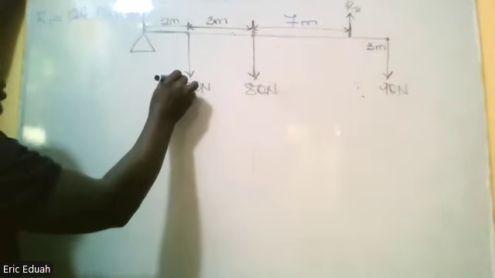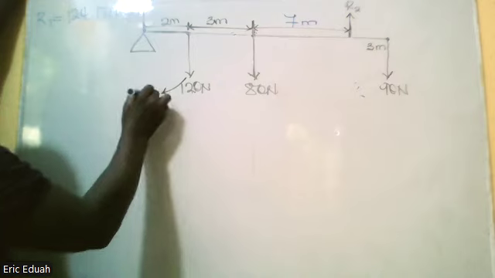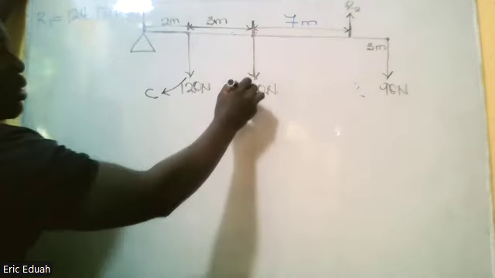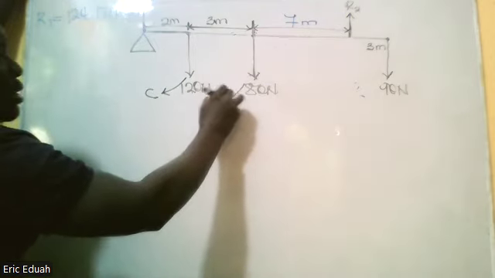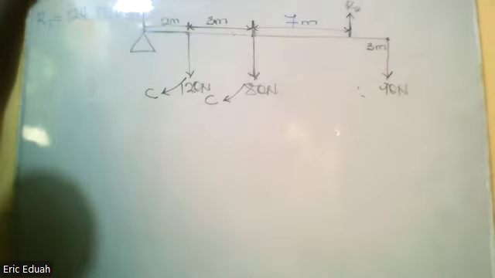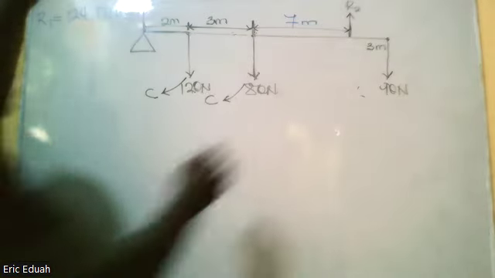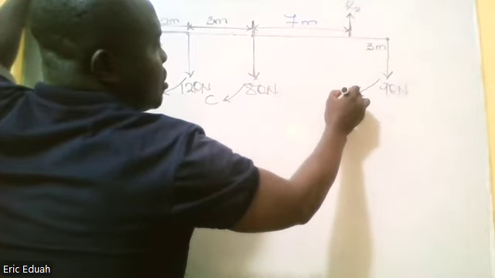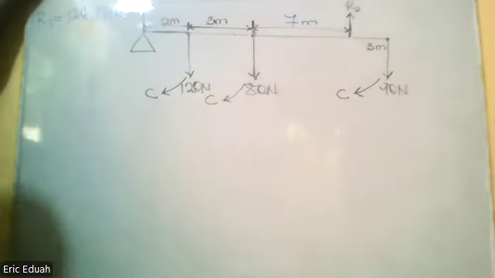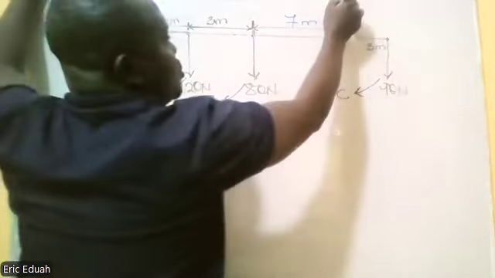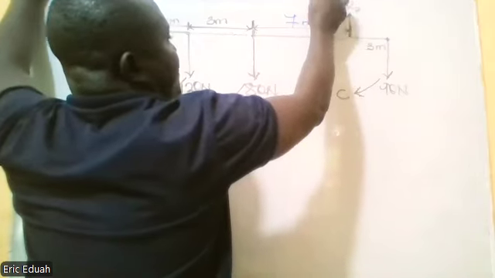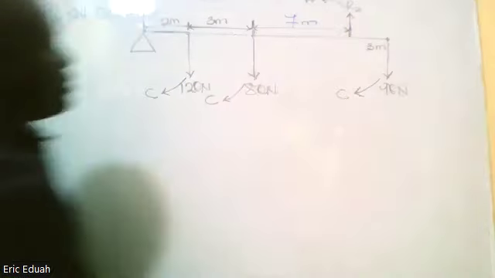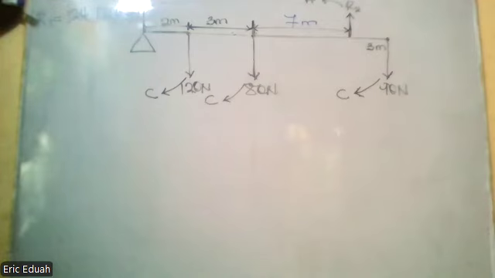This time, 120 would give us clockwise, 80 clockwise, 90 clockwise, and then R2 gives us anti-clockwise. Turning effect of R1 is 0.